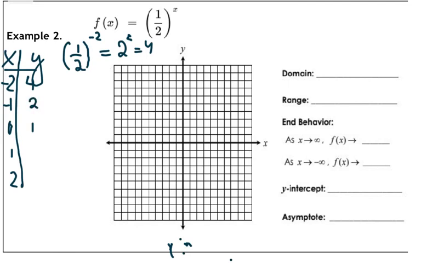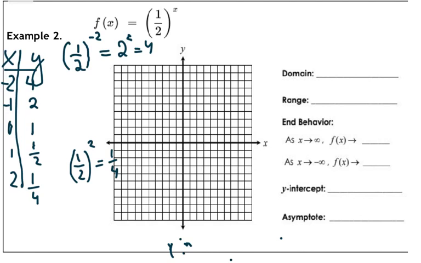2 to the 0 power is always 1. When x is 1, we plug it in, and it's 1/2. And when x is 2, we have 1/2 to the second power, which comes out to be 1/4. Graph the points: at negative 2, y is 4, right there.